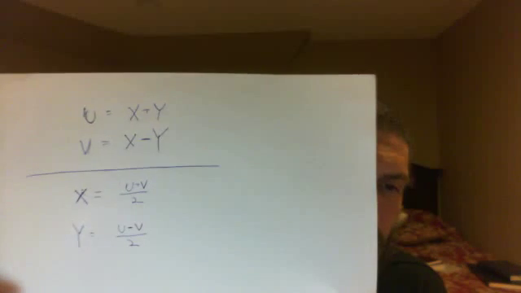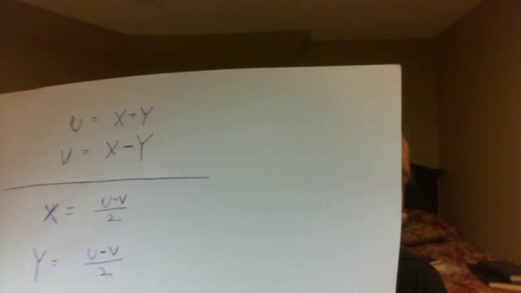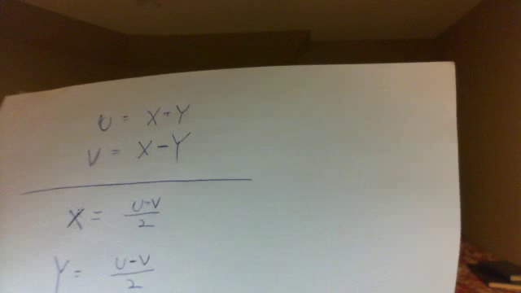Y is equal to U minus V over 2. Please take a look at the bottom. I made 2 formulas. X is equal to U plus V over 2. Y is equal to U minus V over 2.